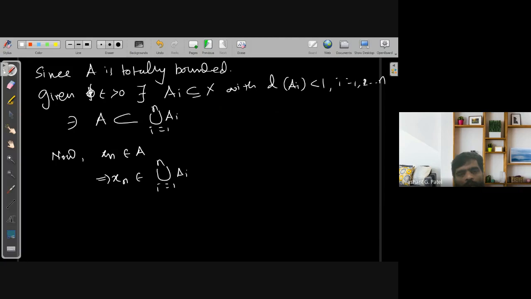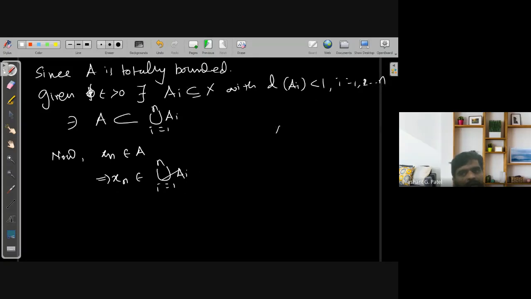Now it may be possible that infinitely many points of this sequence are contained in some of these A_i. Suppose otherwise, then the sequence will be finite. Each A_i would contain only finitely many elements, and they are finitely many sets.